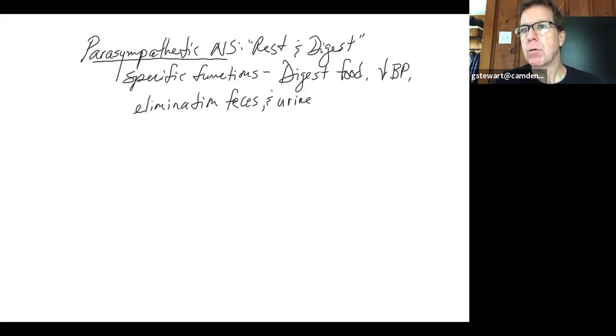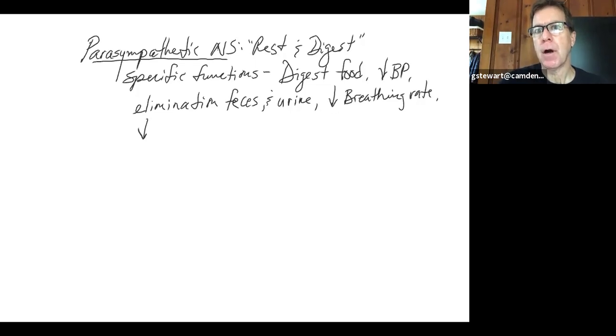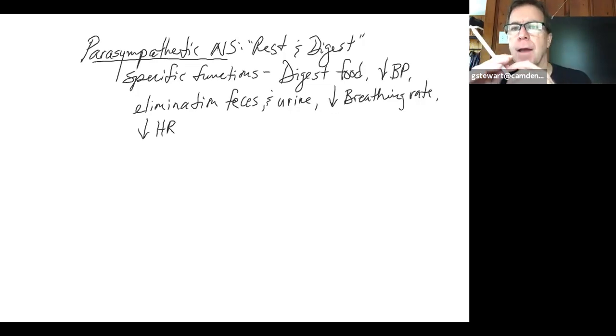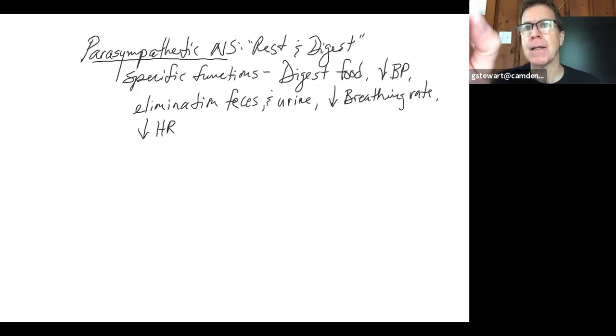It also decreases breathing rate. You can see why now it's called rest and digest. It decreases heart rate. When you study the cardiovascular system in A&P2, you'll find out that the human heart, the mammalian heart, wants to naturally beat at a higher rate. And it's the activities of parasympathetic innervation that actually dampen or decrease our heart rate to a resting rate.